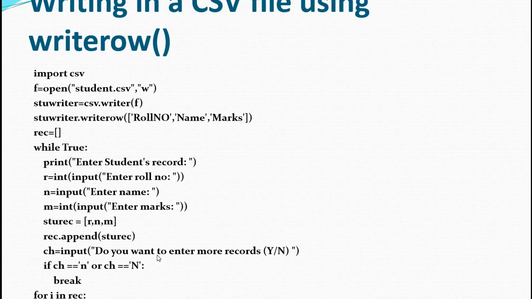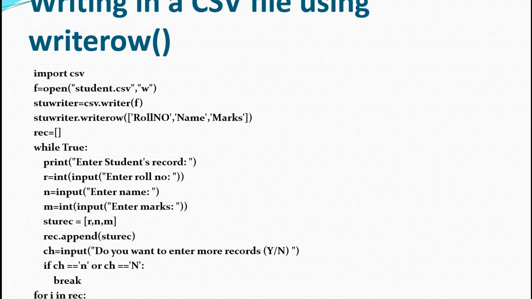Then print one message, 'Do you want to enter more records?' If you press n, then only it will stop the execution, otherwise it will continue. If you press y, it will work again and you enter one more record, then one more record, and when you press n, it will stop.